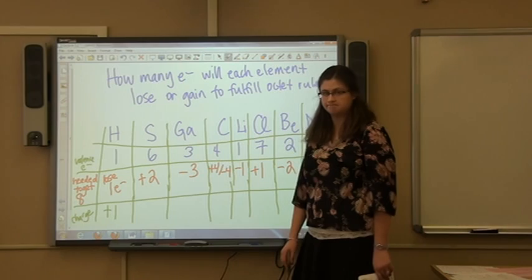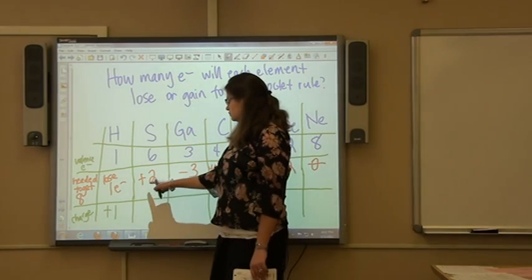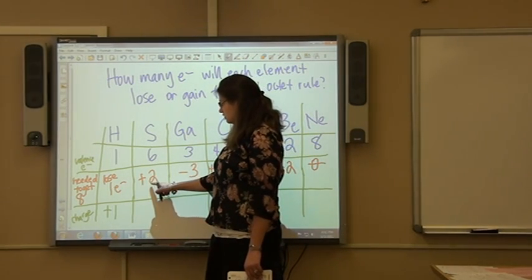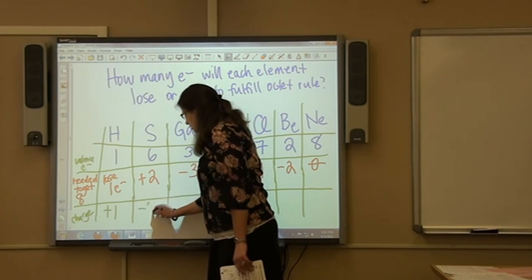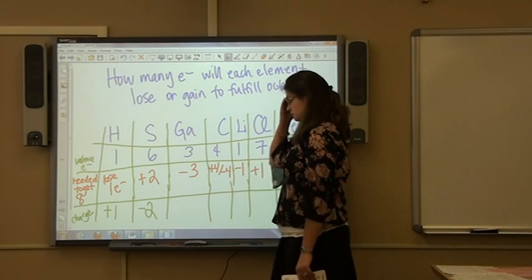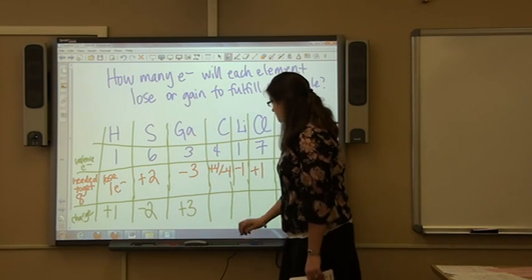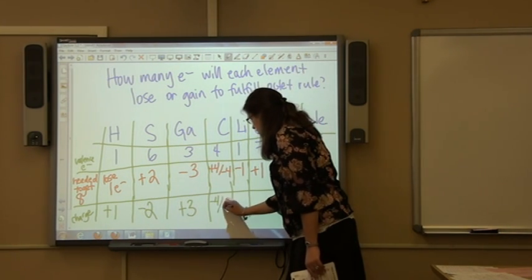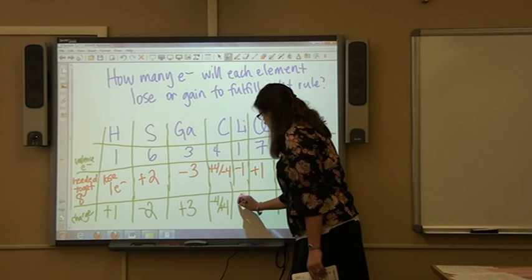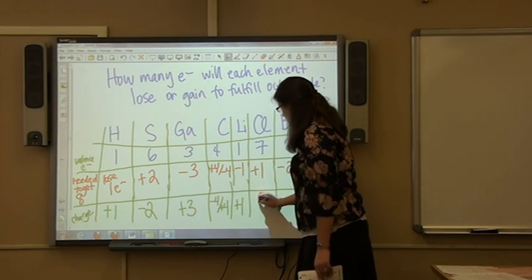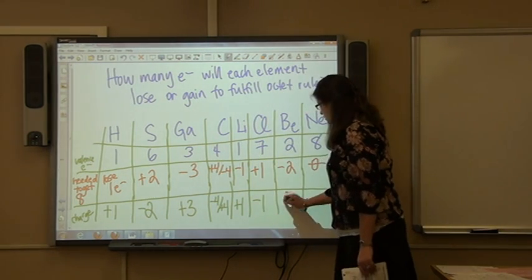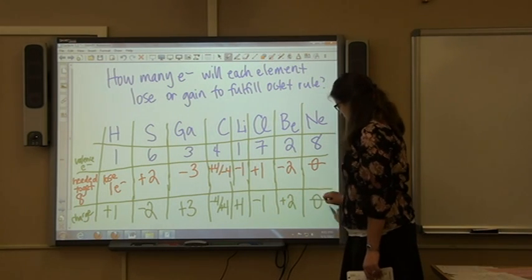+1. Because we have gained 2 electrons for sulfur, our charge is going to be -2, +3 for gallium. We can have -4 or +4 for carbon. We're going to have +1 for lithium, -1 for chlorine, +2 for beryllium.